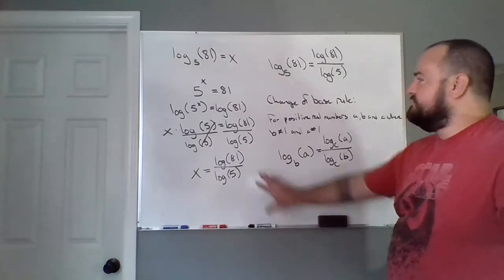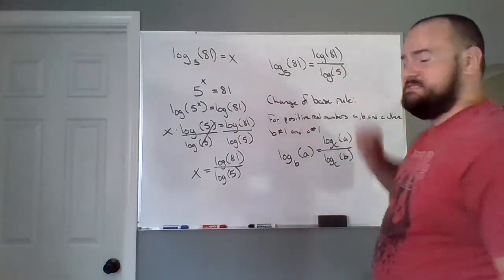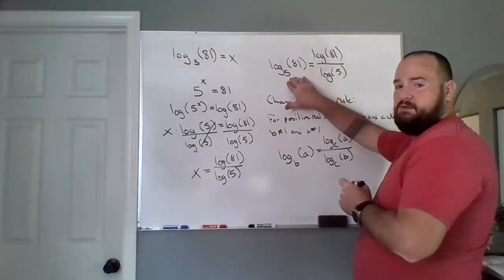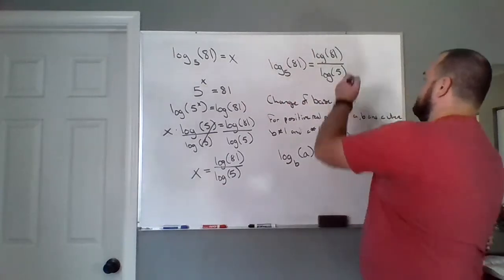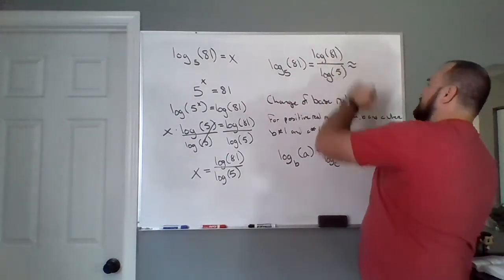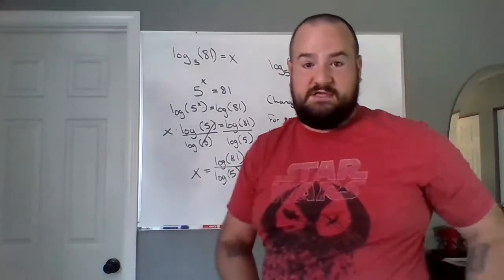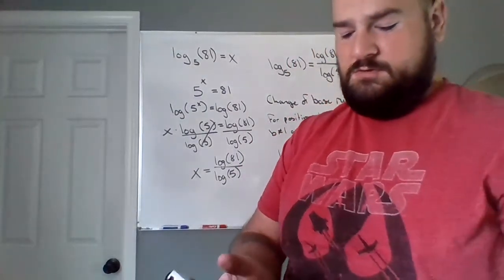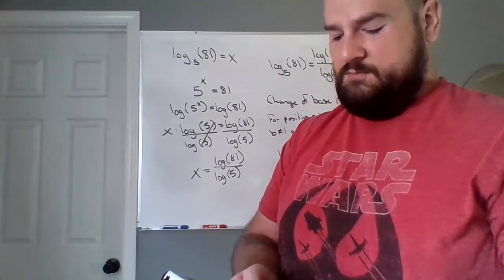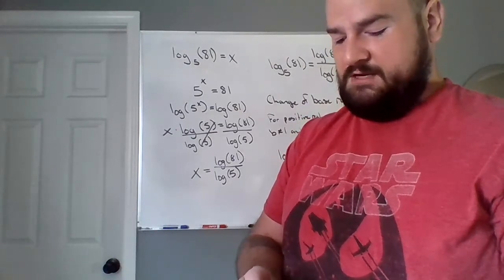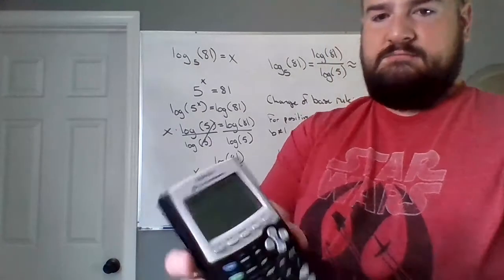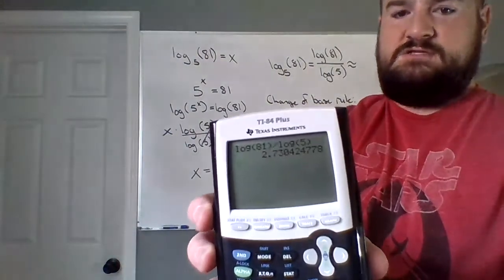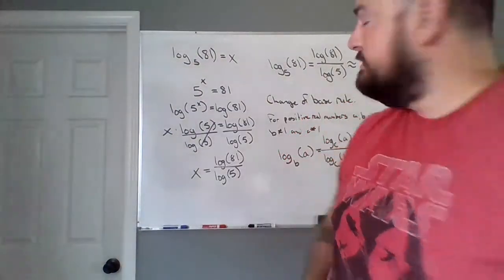Okay, so let's go back to this problem. We have 5 to the x equals 81. Let's solve this. We've now converted from base 5 into base 10, and we can now get an approximate value using our lovely calculators. And so we just do the log of 81, close that parenthesis, divided by the log of 5, making sure we close everything, and we get 2.730.